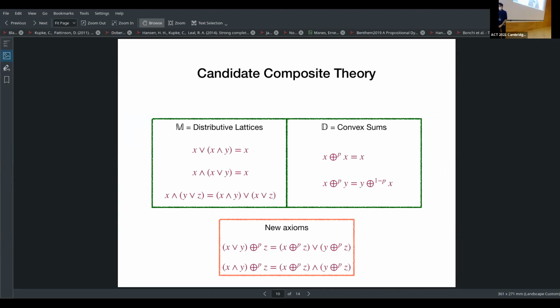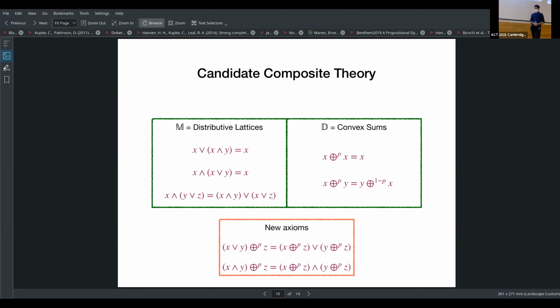So we have the theory of distributive lattices for our monad M, like Gabo mentioned. And we have the theory of convex sums for the distribution monad. And now we're going to construct a candidate composite theory. And this is done by analogy with the fact that doing a similar thing in the case of the power set monad and the distribution monad gives us what's known as a weak distributive law.